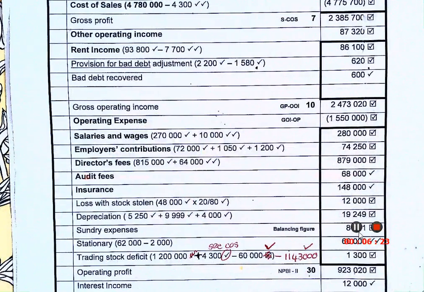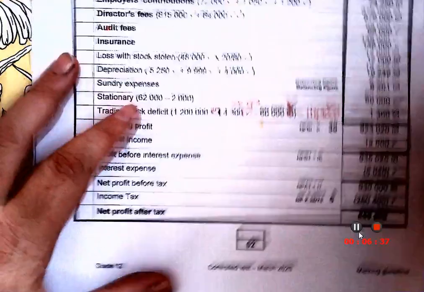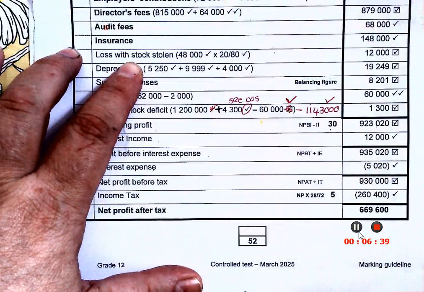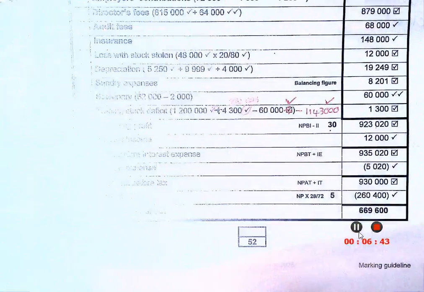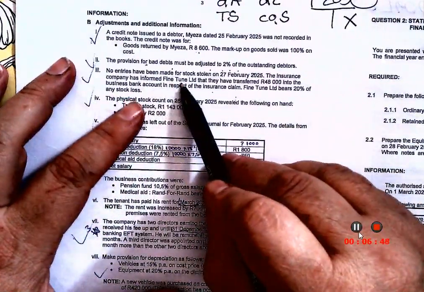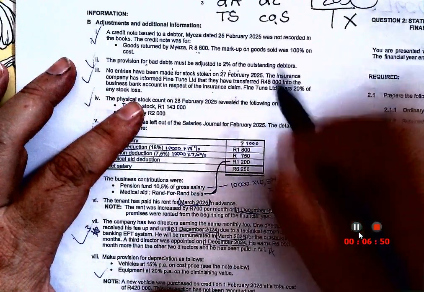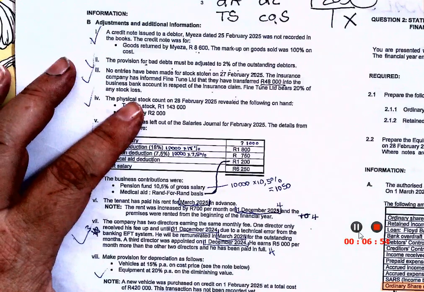Next adjustment: they say no entries have been made for stolen stock. The moment you hear stolen stock, you know you're going to open an expense called loss on stock. And what do they say? The insurance has informed the business and they have already transferred 48,000. So that's what the insurance paid out.